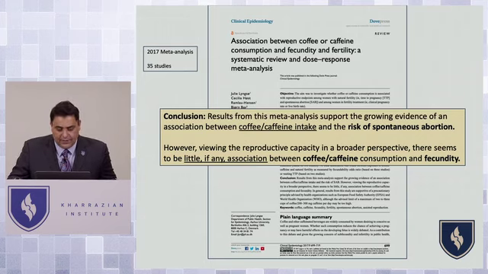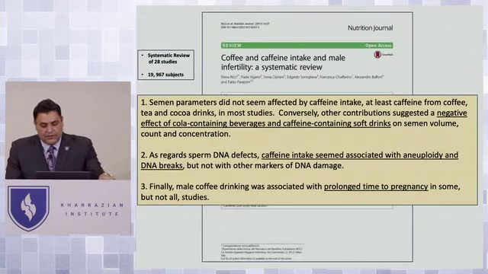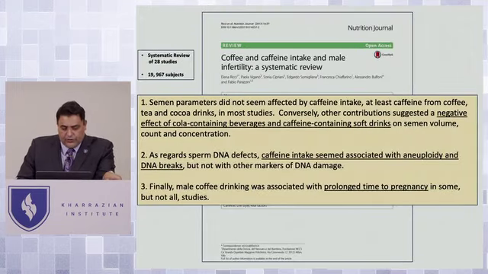However, viewing the reproductive capacity in a broader perspective, there seems to be little, if any, association between coffee and caffeine consumption and fecundity. So basically what they're showing is that caffeine or coffee consumption doesn't impact the ability to develop pregnancy, but it does increase the risk of spontaneous abortion.